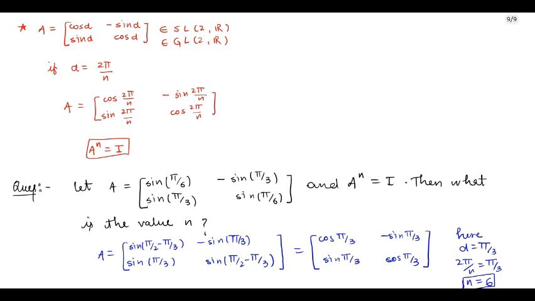A to the power 6, that is sin 6 pi by 3, means sin 2 pi, 0. This is right or wrong?